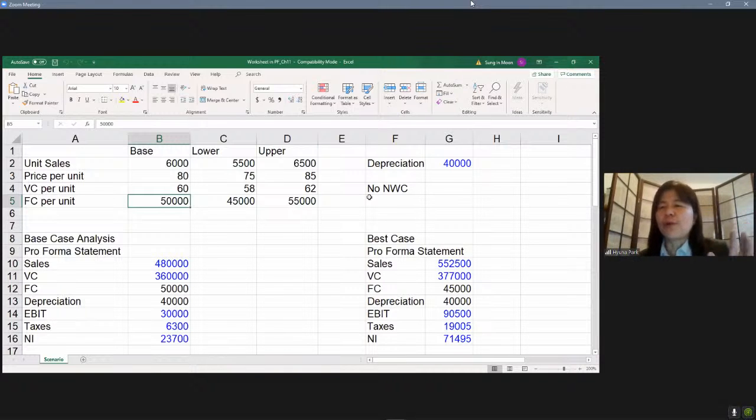So what's the goal here? Using this Excel file, what you try to do is a scenario analysis. So you are given estimates for all those input variables. You are asked to develop base case, best case, and worst case scenarios, and calculate the NPVs for those three scenarios.